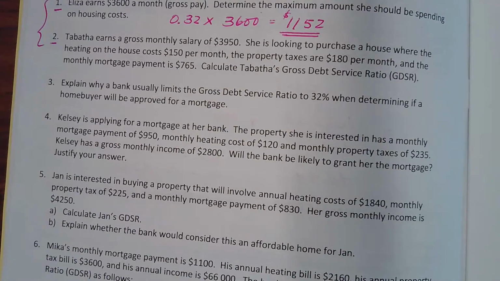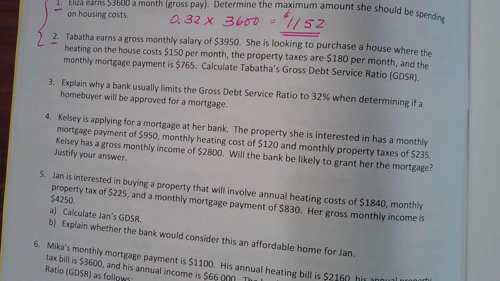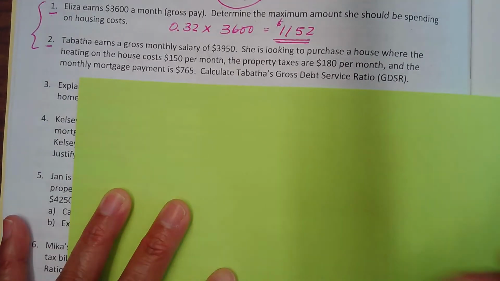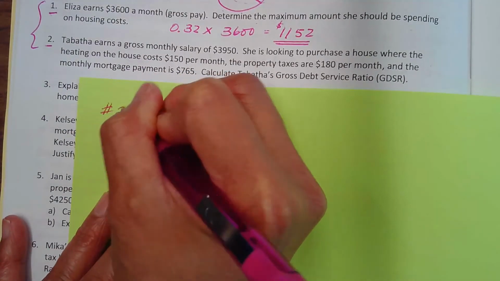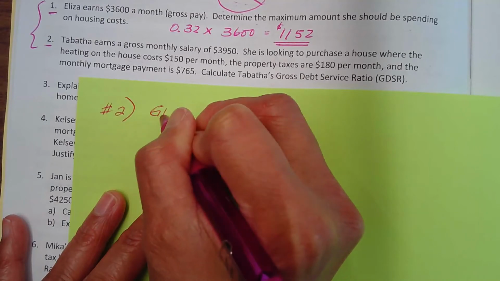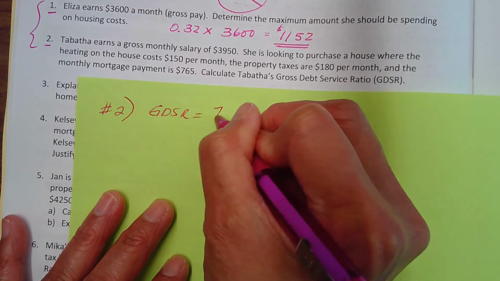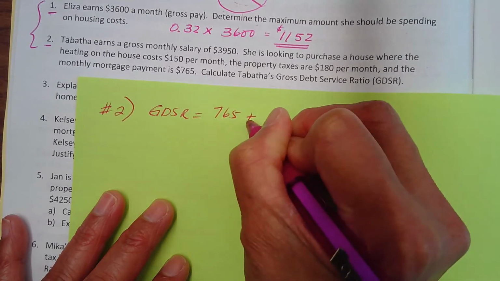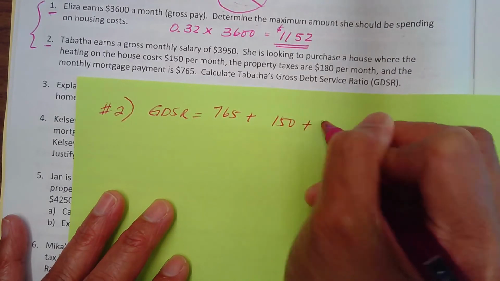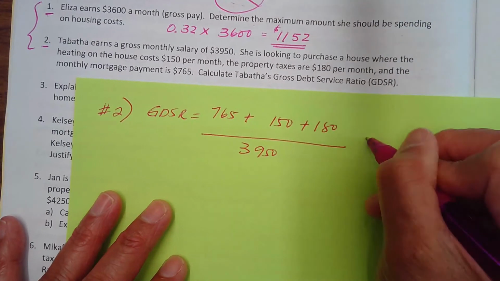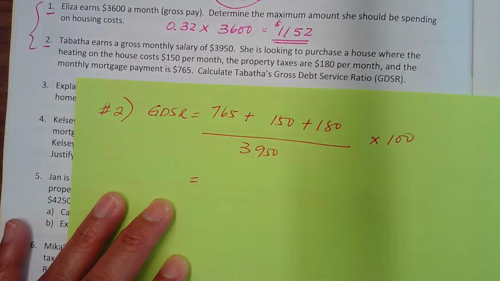So question number 2: GDSR is mortgage payment $765 plus $150 plus $180, divided by 3,950, times 100.